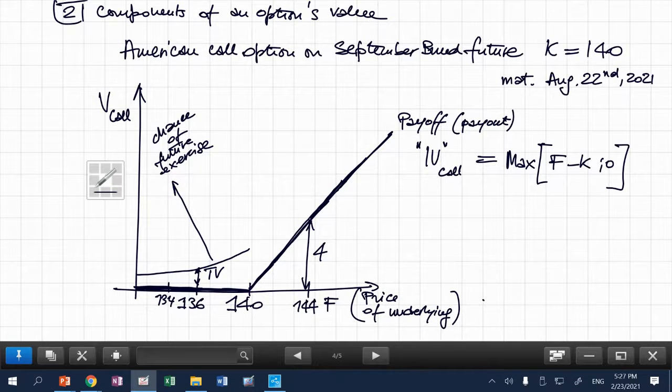And this chance increases as I get closer and closer to 140. The more distant I am from 140, the fewer chances I have. The closer I get, the greater are the chances that the option can be exercised, okay?